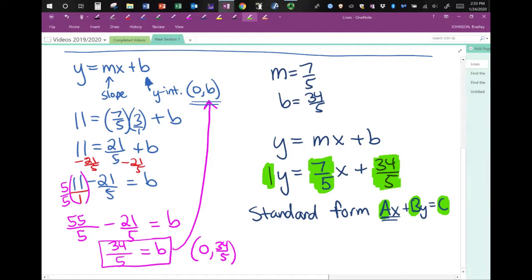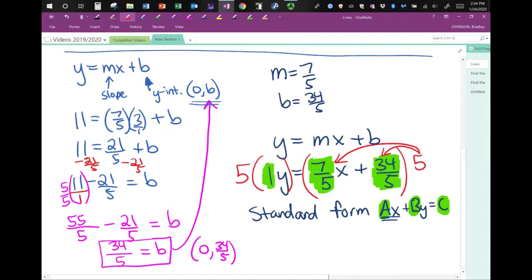We have rationals. This is not good. How can we manipulate this to make a, b, and c only integers? What we need to do is multiply everything by this 5. Because if you multiply by 5 and distribute it in, the 5 divided by 5 will cancel out.